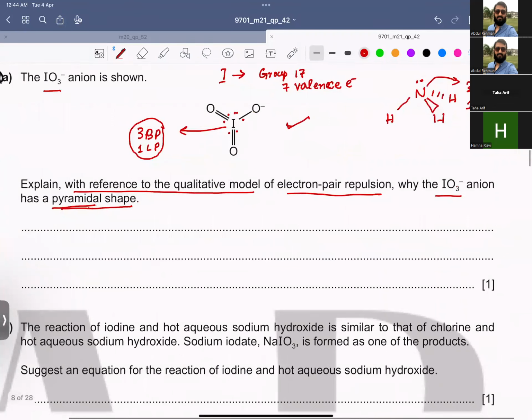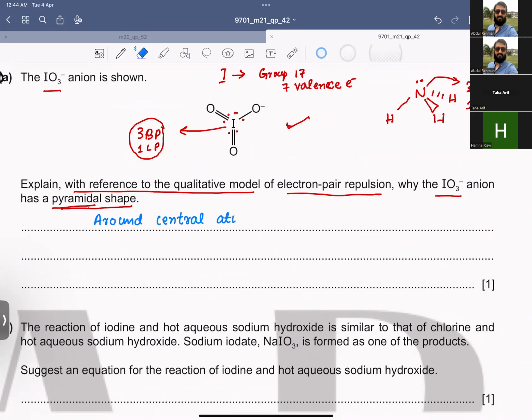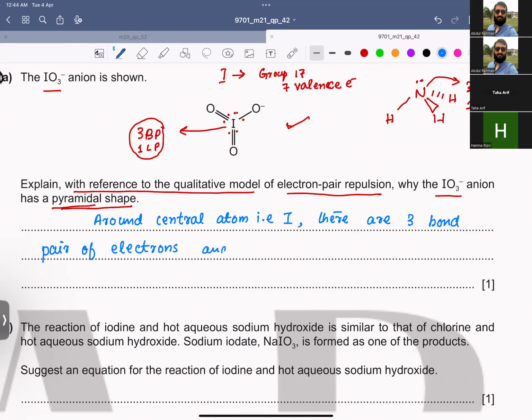So you may write that around the central atom, that is iodine, there are 3 bond pairs of electrons and 1 lone pair of electrons.